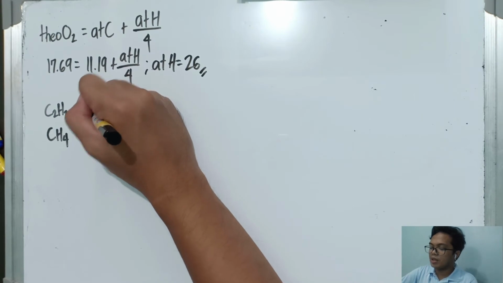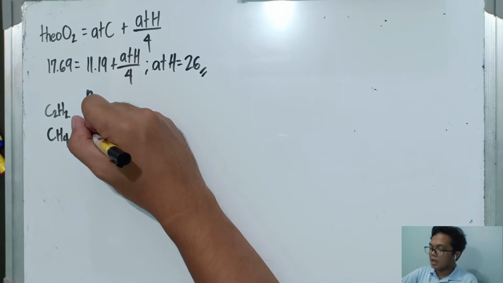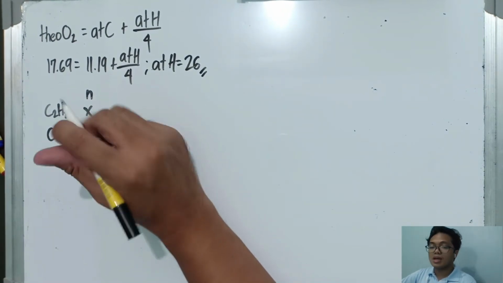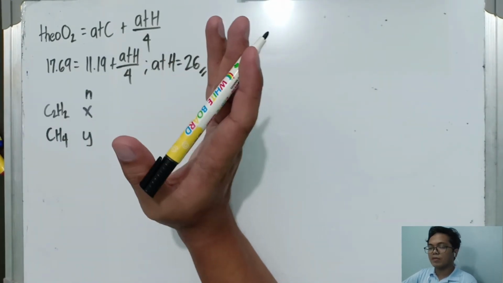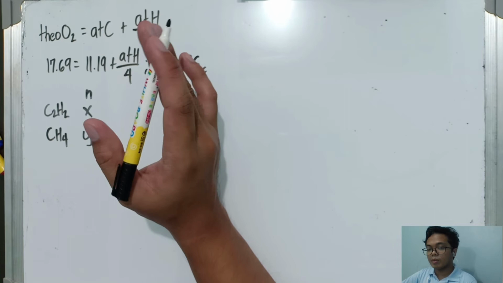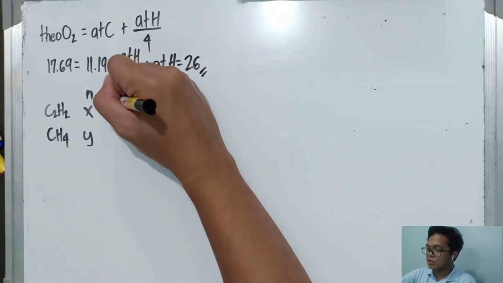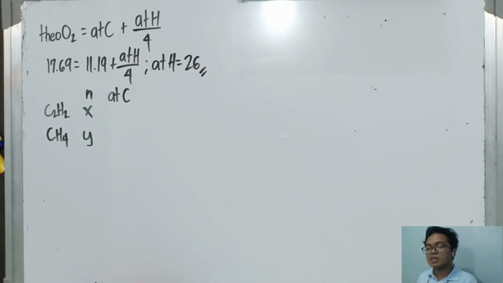So we just have to assign C2H2 as X, and we can assign CH4 as Y. Obviously, you can use any notation that you want. You can use A, B, C, D, whatever you want, as long as it helps you solve the problem much easier. But in any case, let's proceed to filling up the rest of the table. Wherein our at C, we'll just do the same thing as for case 1, wherein we multiply the subscript by the number of moles.